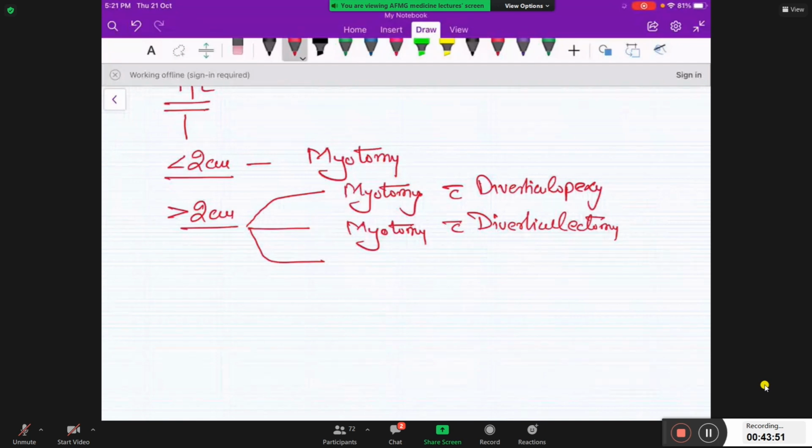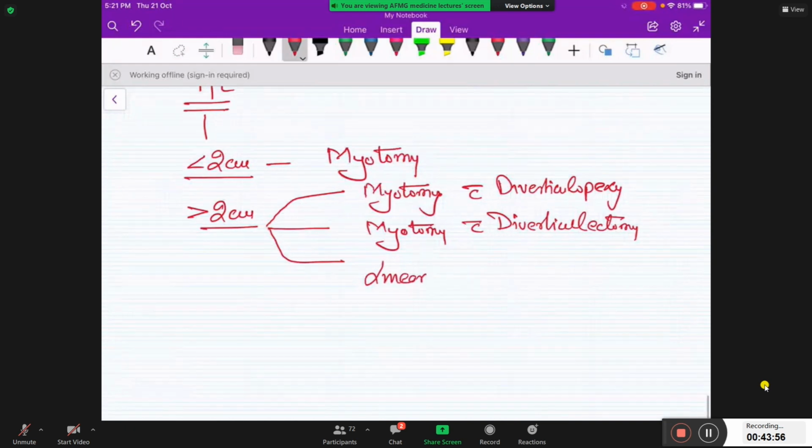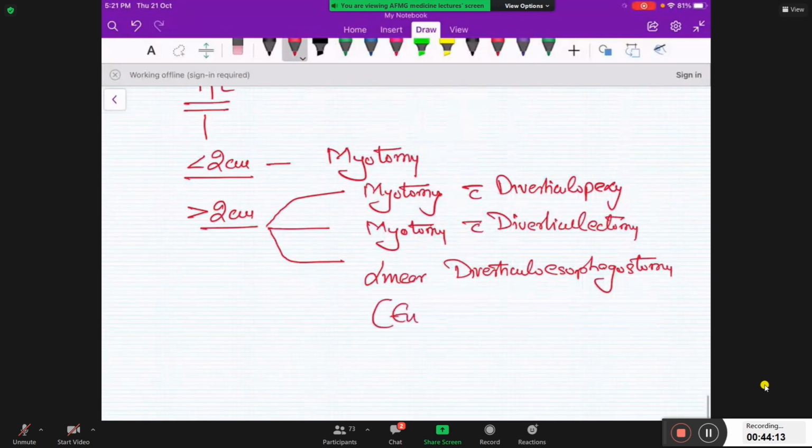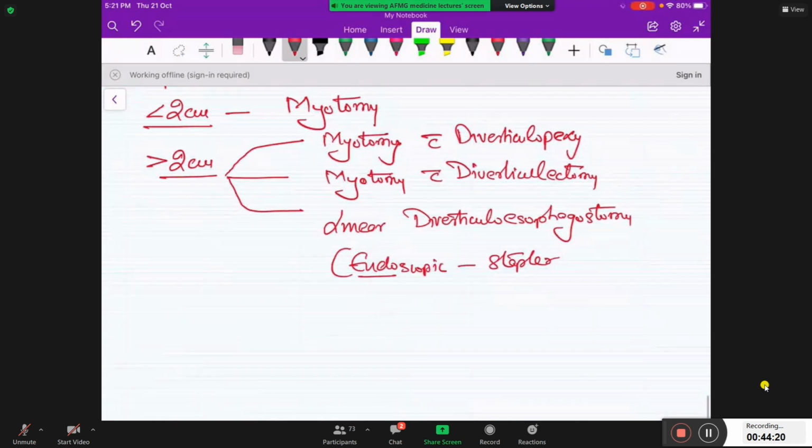And we also have linear diverticuloesophagostomy, which is now done endoscopically by using a stapler. And what is the name for that? I told you.